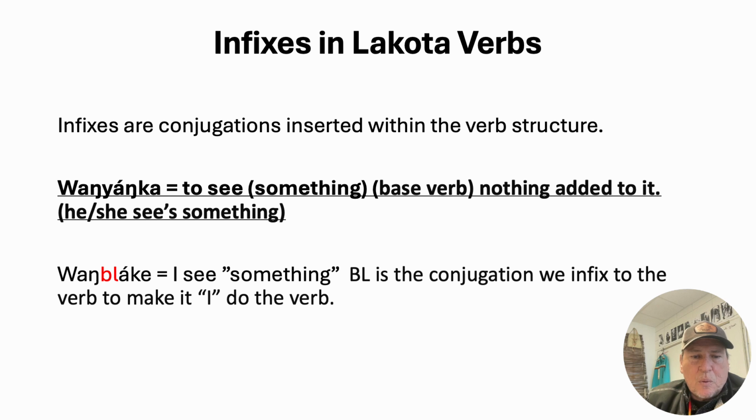So this verb wayanka, to see something, to change it into I see something, this one is taking a mbl to make it I do the verb. I'll explain this a little bit, why this one takes an mbl and the other one took a wa. So wamblake, I see something.